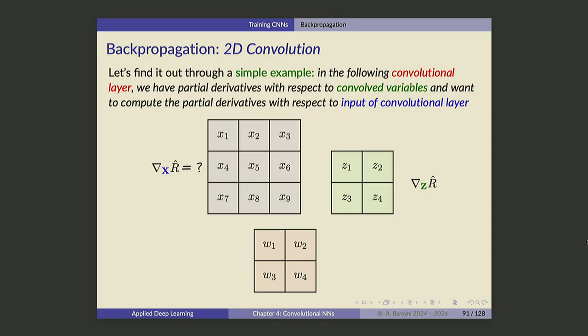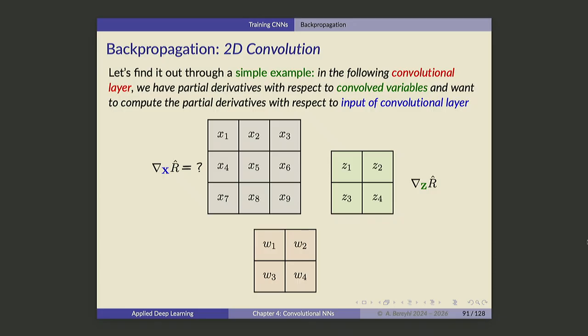Let's just start writing down the chain rule for the gradient with respect to x1. Can you tell me what is the gradient of r hat with respect to x1? How can I write the chain rule here? It's going to be the gradient of r hat with respect to, first, z1, right?